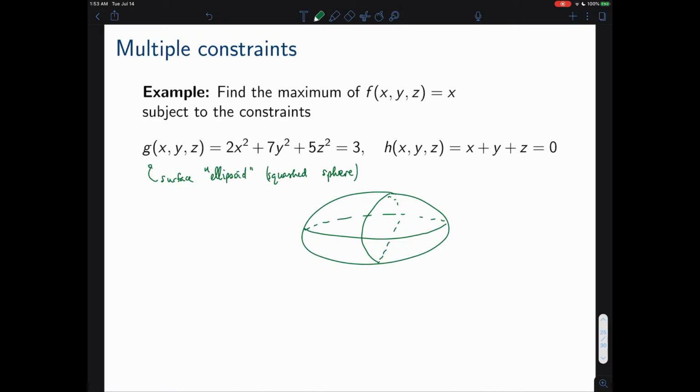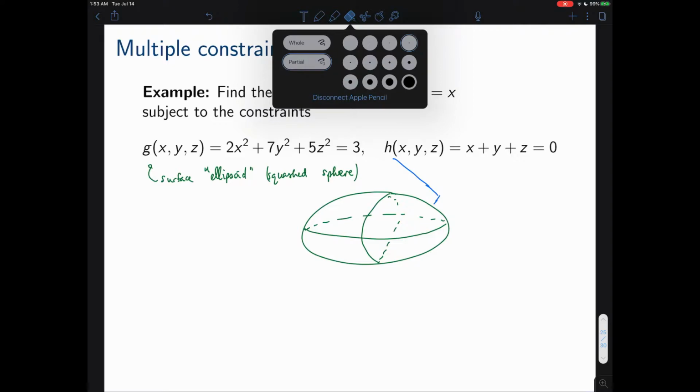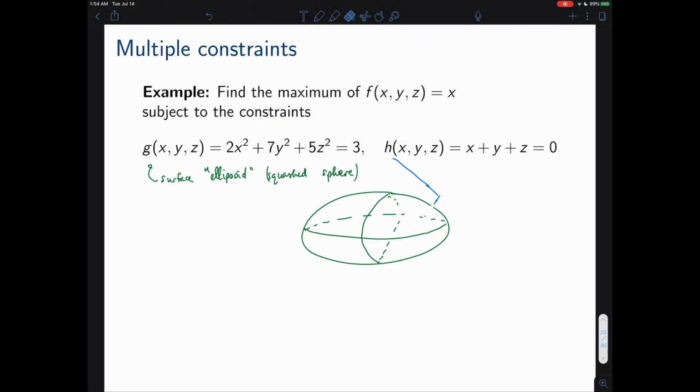Something like that. And then x plus y plus z equals 0 is a plane with normal vector 1, 1, 1. It's a plane that sort of cuts across this ellipsoid. We can draw it like this. It cuts in front of the ellipsoid and then comes up behind it like this.